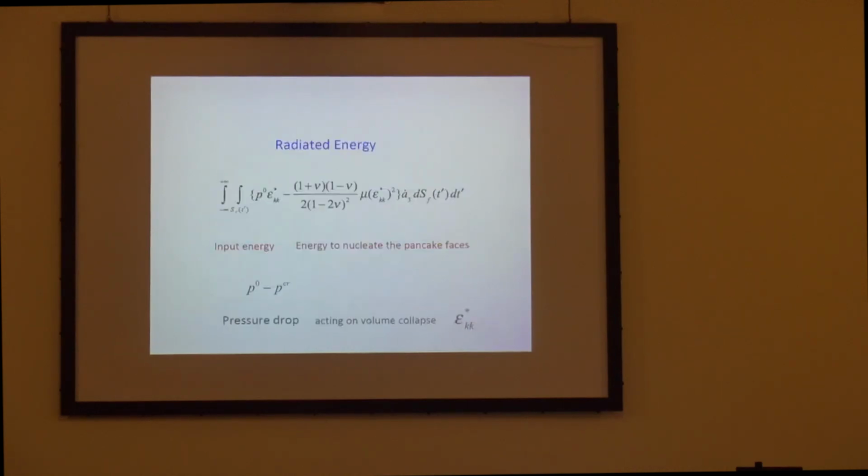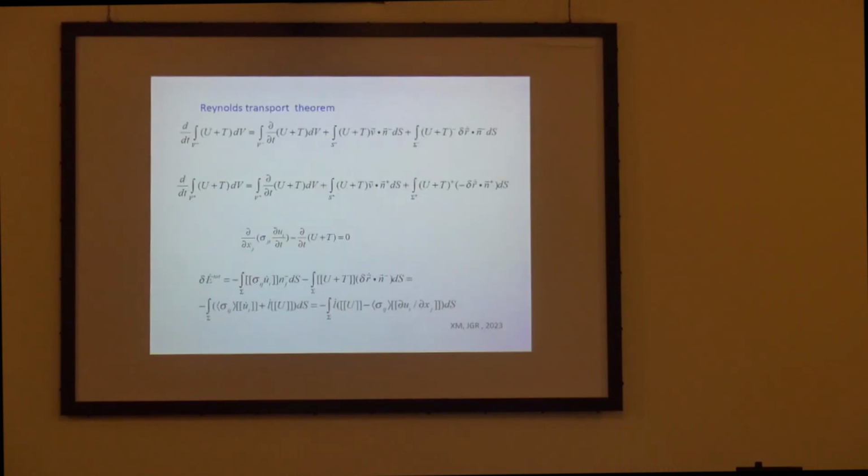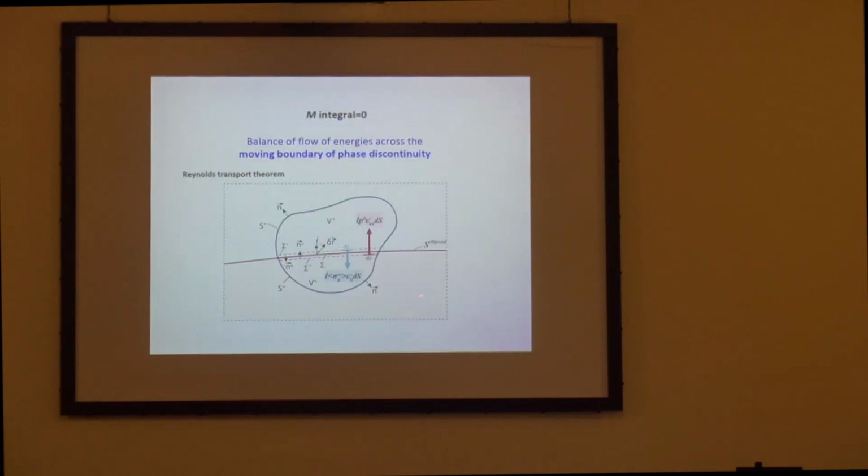And so this says that if the pressure, that is the outward flux, the flux will be the ambient pressure times the volume change.